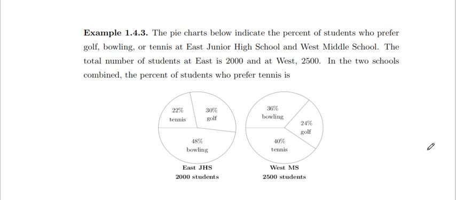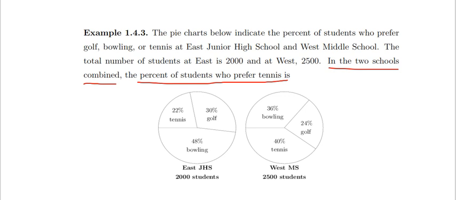Okay, so here we have 2 pie charts. What's the question? In the two schools, if the two schools are combined, the percentage who play tennis is.